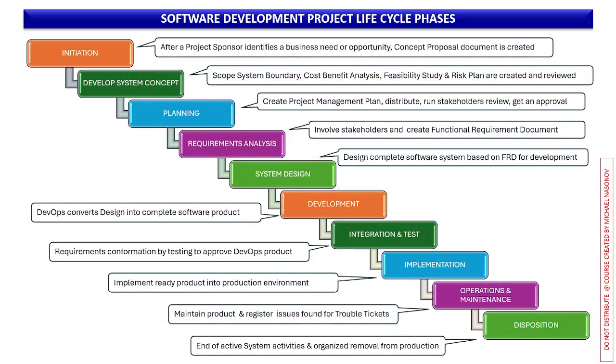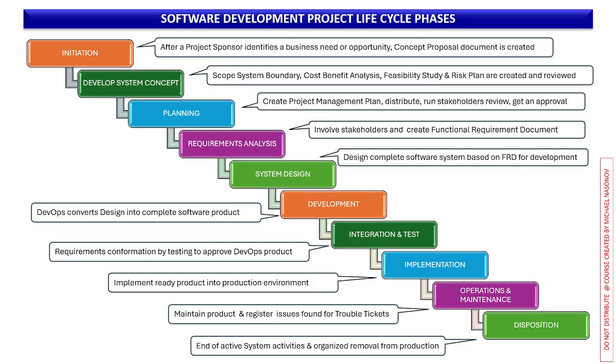Starting with initiation. After a project sponsor identifies a business need or opportunity, a concept proposal document is created. Develop system concept means scope, system boundary, cost benefit analysis, feasibility study, whether your project is feasible or not, and a risk plan are created and reviewed.